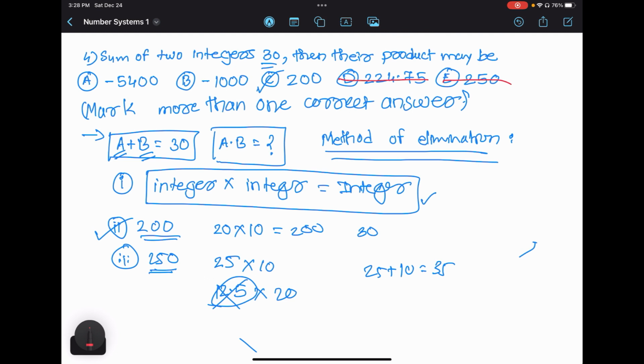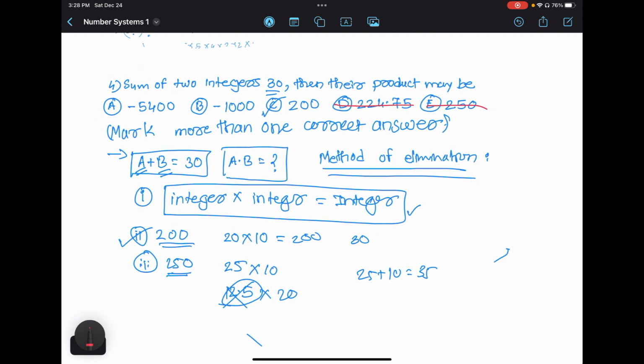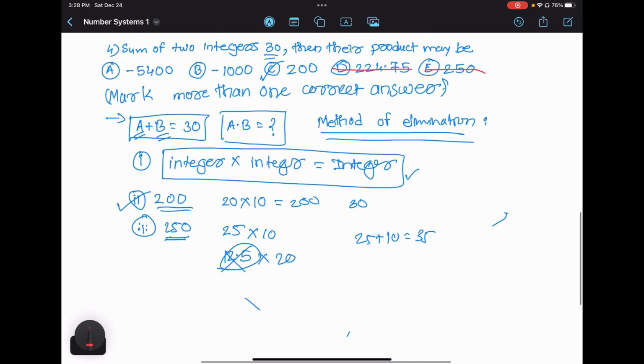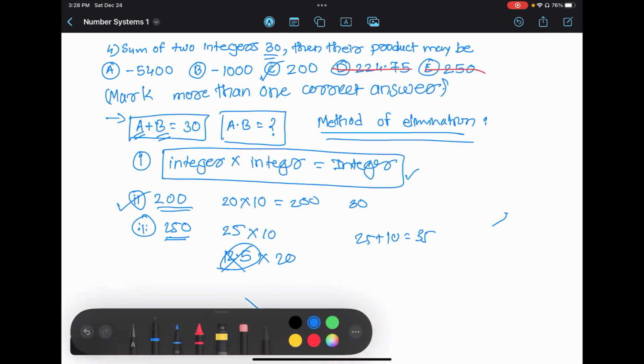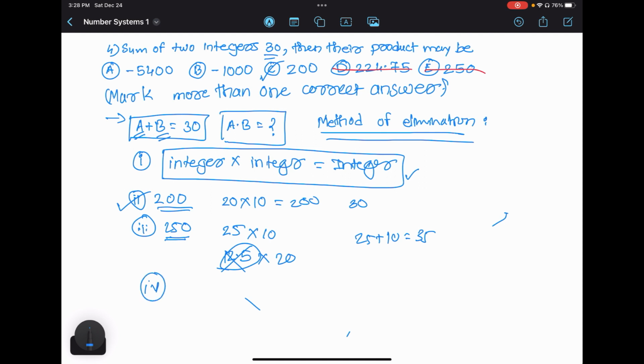The most important calculation right now is our next option, which is 1000. It's actually minus 1000. For minus 1000, the easiest way of thinking, I will go for 50.